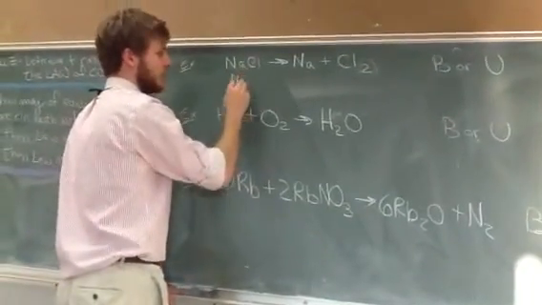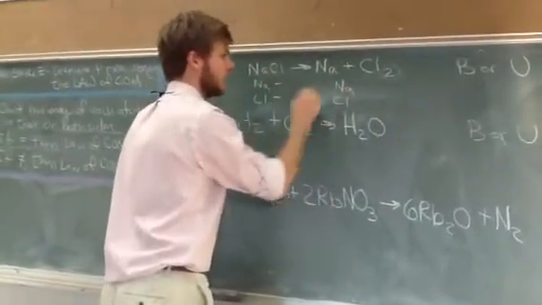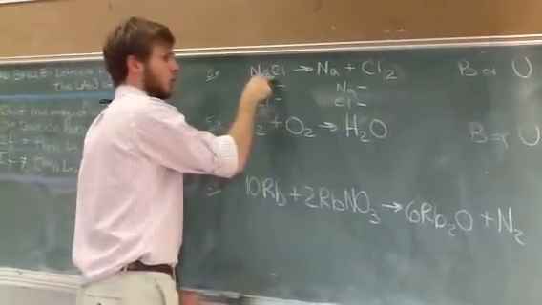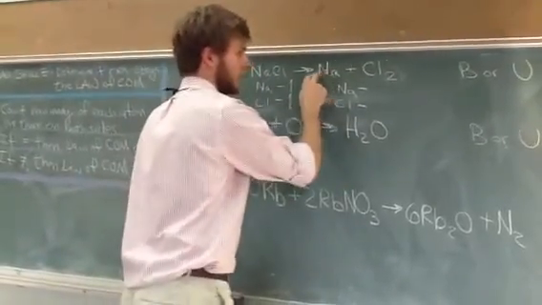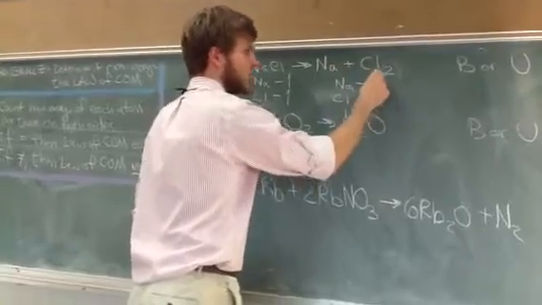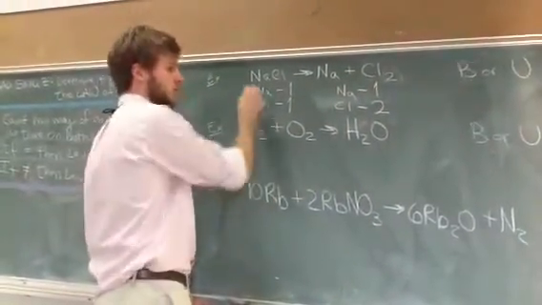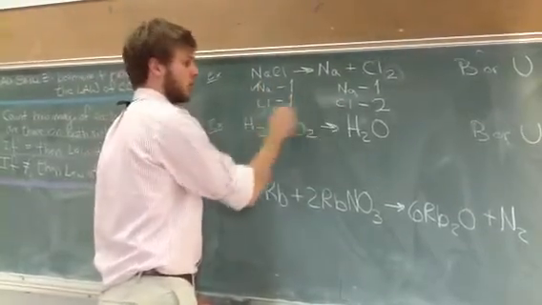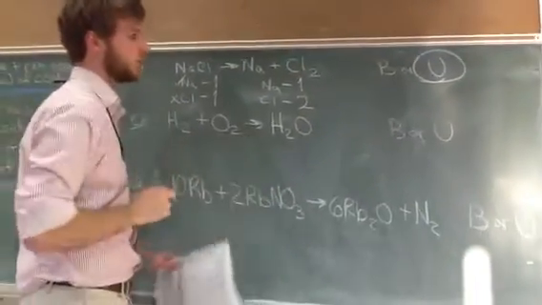I've got Na, I've got Cl, I've got Na and Cl on the reactant side. I've got one here, one here. How many Nas on this side? Just one. And I've got 2 chlorines. So is this balanced or unbalanced? Well, the Nas are balanced, but the chlorines are not. So this is unbalanced. Go ahead and circle that on your course pack right there, unbalanced.